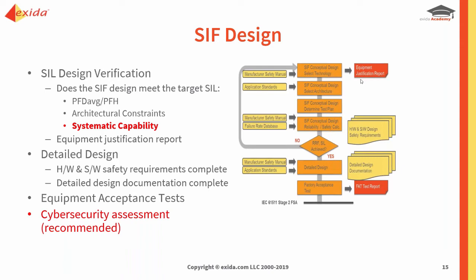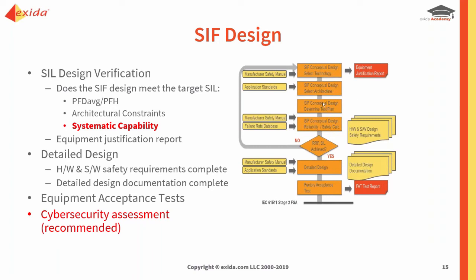You can either use 61508 certified devices that have come from an accredited certification body, or you have to do prior use justification, which means that you have to have sufficient failure rate data on the equipment that's being used in a similar environment and application, and it has to be pretty accurate. Because if not, then it's going to be very difficult to justify it.